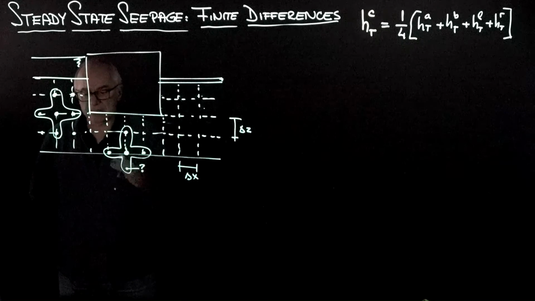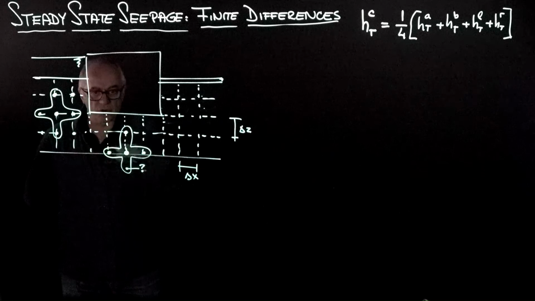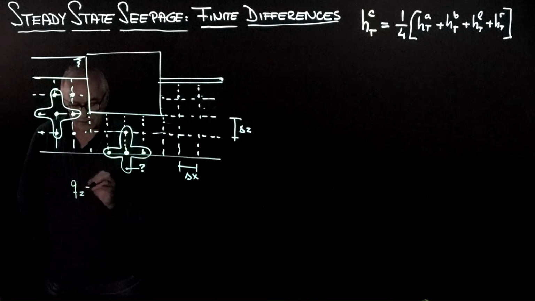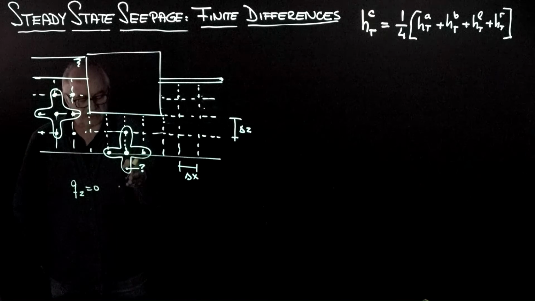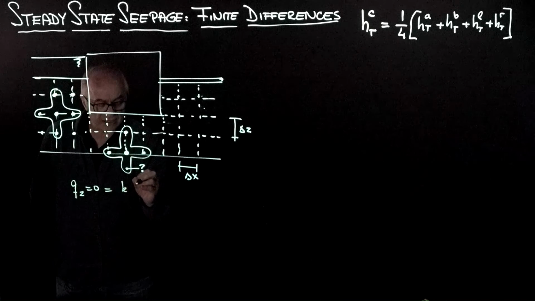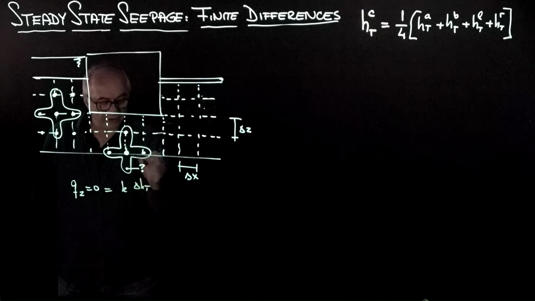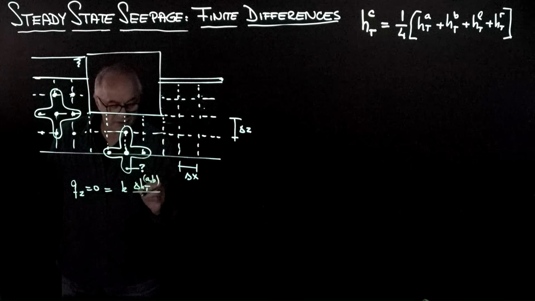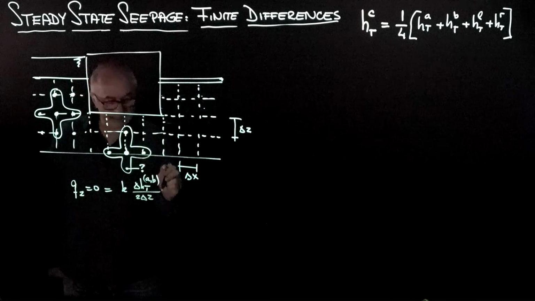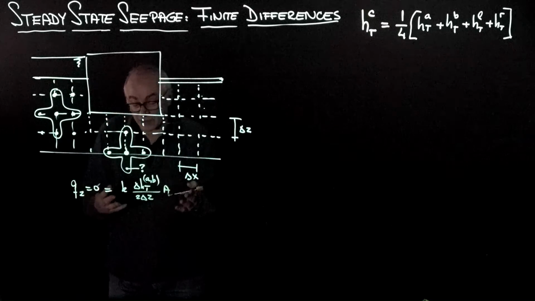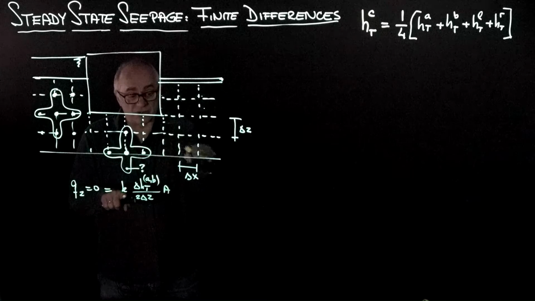But the other trick, across a no-flow boundary condition, is to say there is no flow in the z direction. There is no flow across that boundary. That means that k i, which is delta h total from the point above and the point below, over 2 delta z, times area, is equal to 0. Actually, this is equal to 0 because there is no permeability across this aquitard.